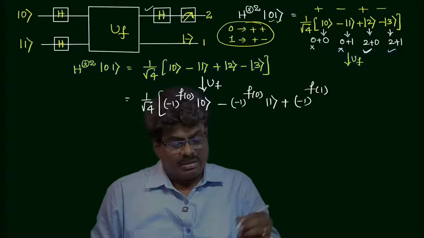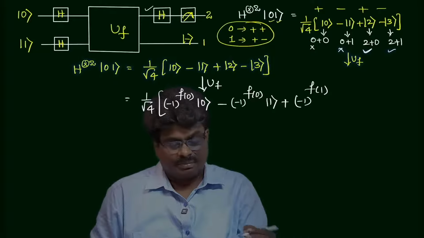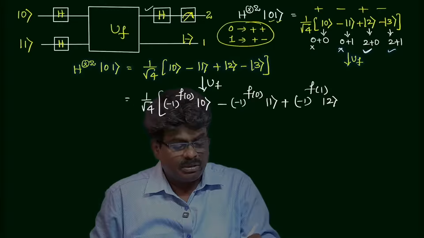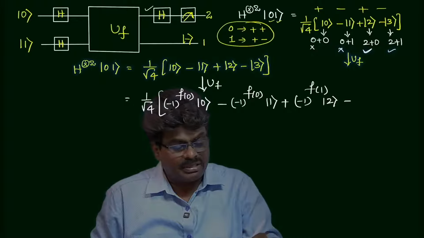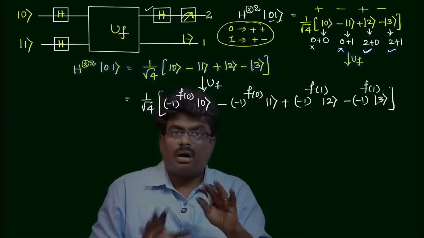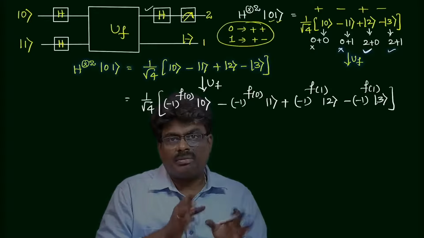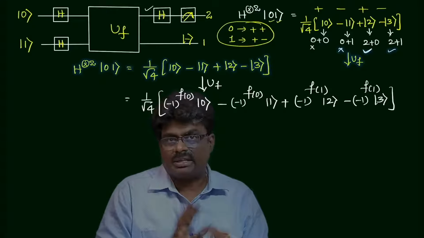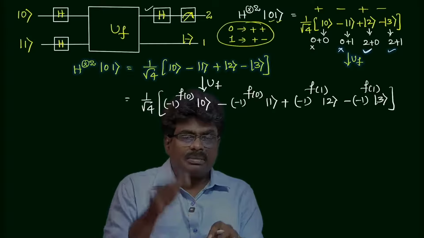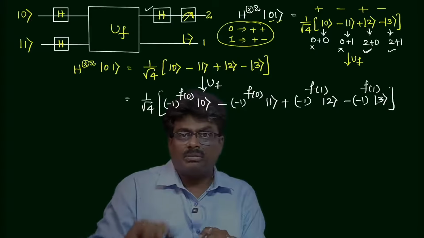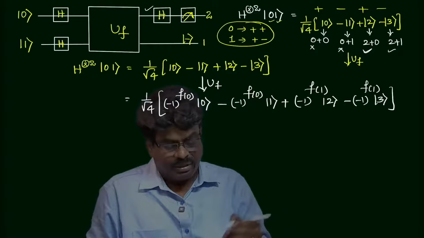Okay, so that's why I've taken f of 1. So 2 minus, again for 3 also it is on, minus 1 whole power f of 1 1. So on means I am taking it as a 1, off means let it be 0, something like this. Still, if this method is not understood, I will explain one more method, so no need to worry.